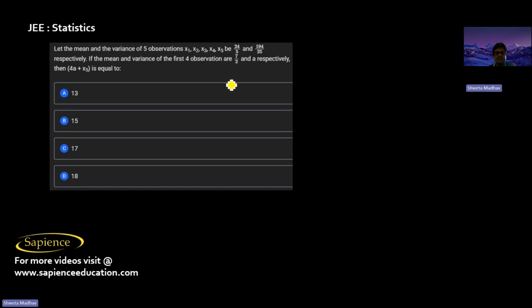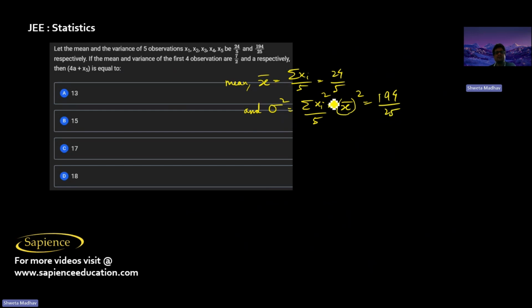So the mean, that is x bar, is summation xi by 5, that is equal to 24 by 5, and the variance sigma square is summation xi square by 5 minus x bar square, that is equal to 194 by 25.